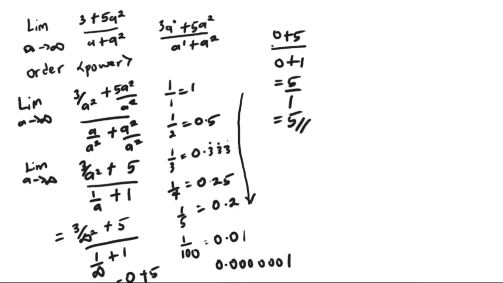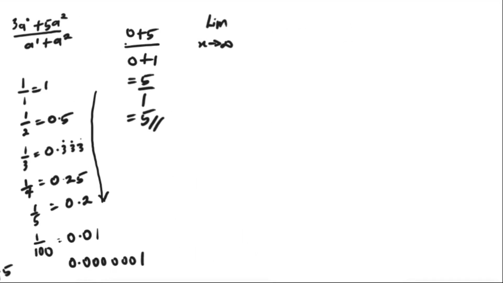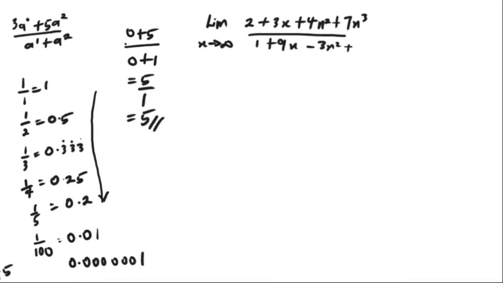Let's consider another question. Let's say we're given the limit as x tends to infinity of 2 plus 3x plus 4x squared plus 7x raised to the power 3, divided by 1 plus 9x minus 3x squared plus 5x raised to the power 3. So the first step, you divide by the highest power.